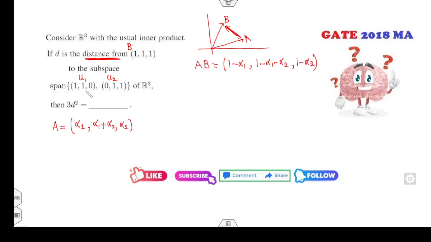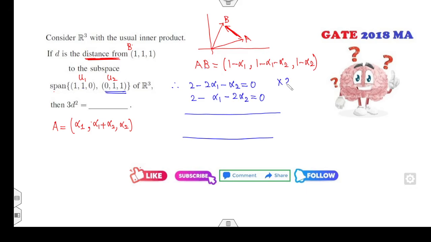Now the dot product of AB with respect to U1 is 0. That implies 2 minus 2 alpha 1 minus alpha 2 is equal to 0. The dot product with respect to U2 is 0: minus alpha 1 minus 2 alpha 2 is equal to 0. Can you find the values of alpha 1 and alpha 2?